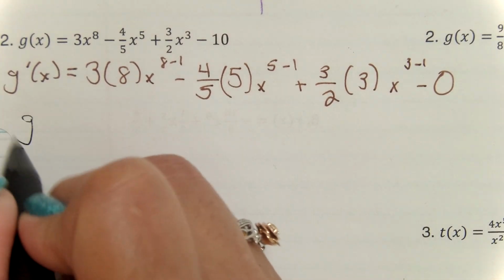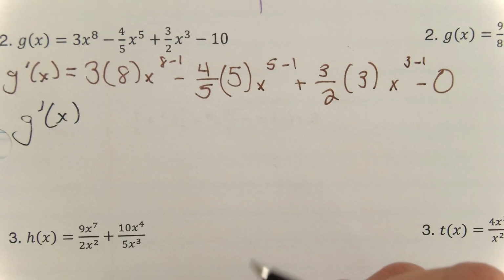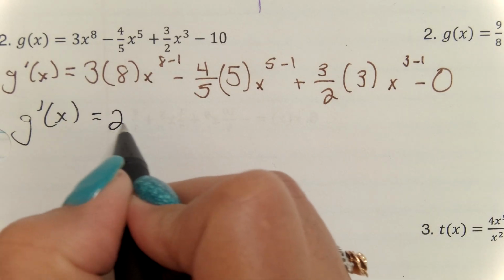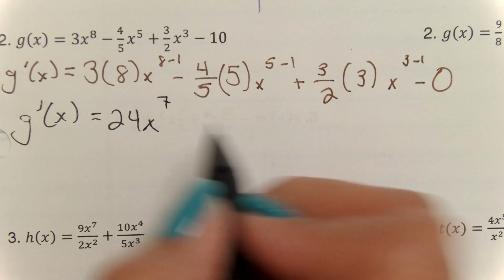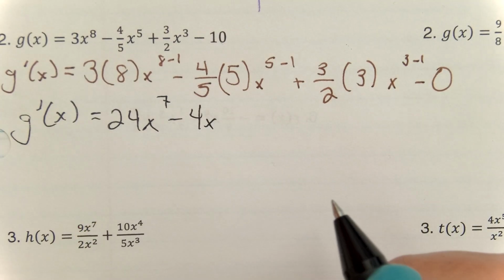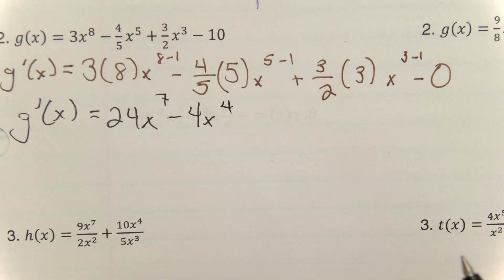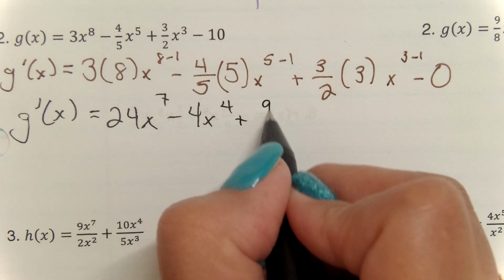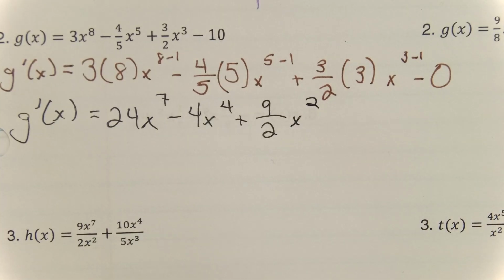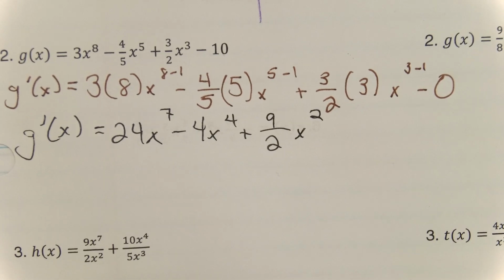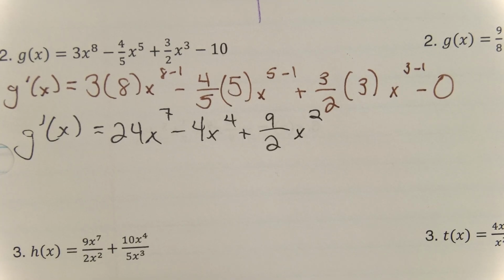G prime of x equals 24x to the 7th, minus 4x to the 4th, plus 9 over 2 x squared. Very good. Did anybody get anything else? What's wrong, Aziz?